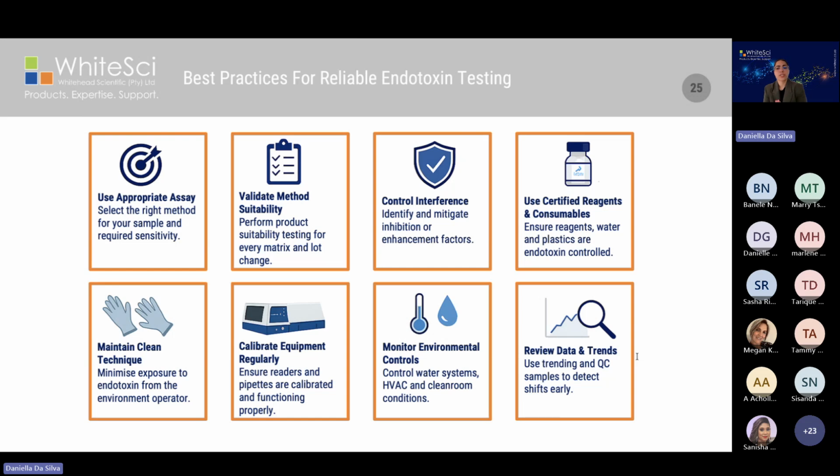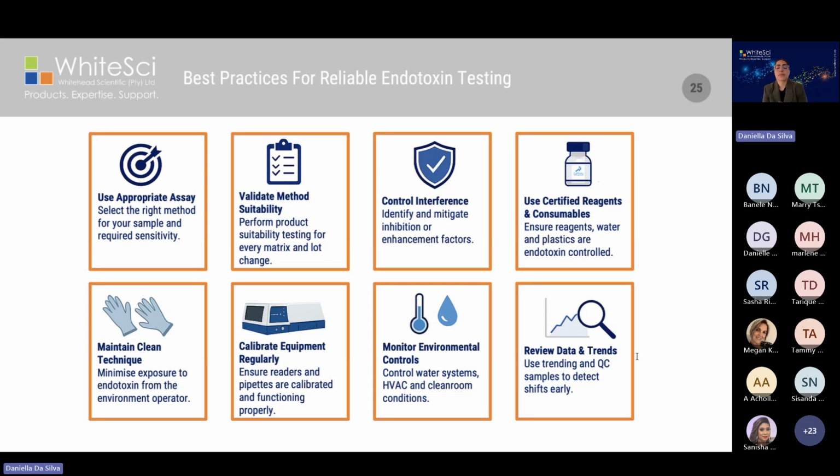Once we understand the sources of variability, the next step is implementing practices that improve consistency. Reliable endotoxin testing is rarely achieved through assay chemistry alone. Instead, reliability comes from controlling the workflows surrounding your assay. This includes standardizing your sample preparation procedures, maintaining consistent incubation conditions, using appropriate consumables, and ensuring analysts are properly trained.